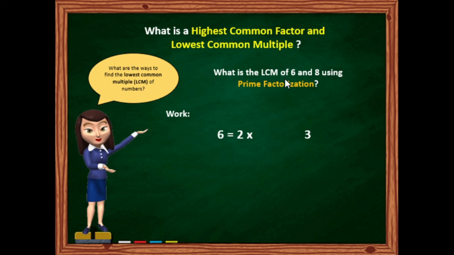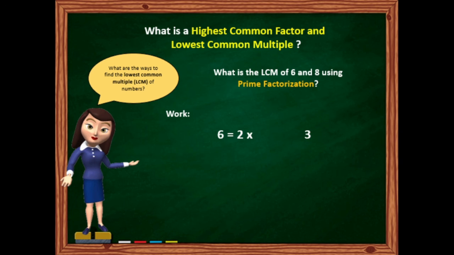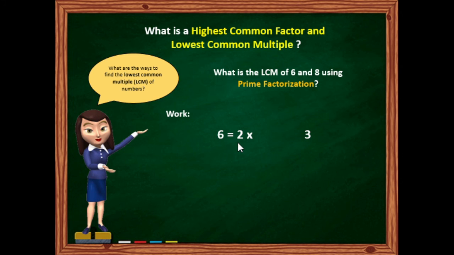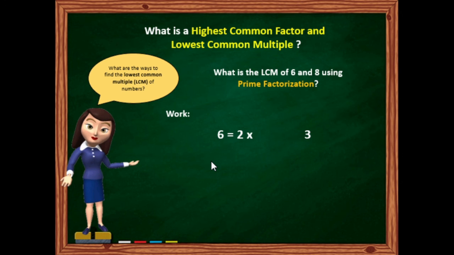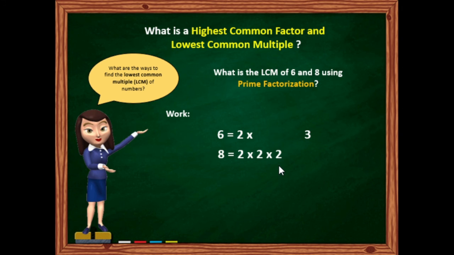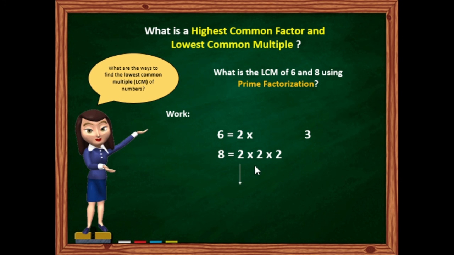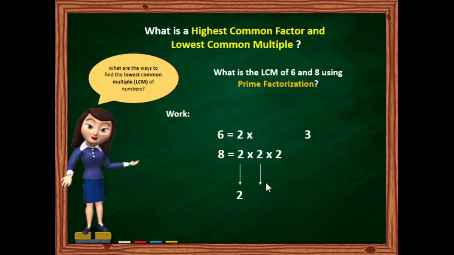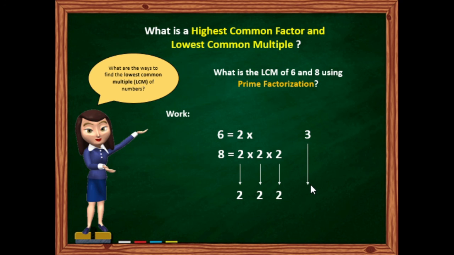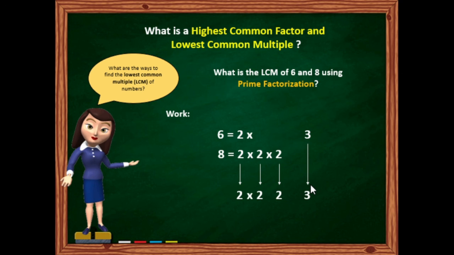We are asked to find the lowest common multiple of 6 and 8. So we have here 6 equals 2 times 3 and 8 equals 2 times 2 times 2. What you are going to do here is to bring down the numbers 2 and 2, 2 and 3, and you separate them with the multiplication symbol.